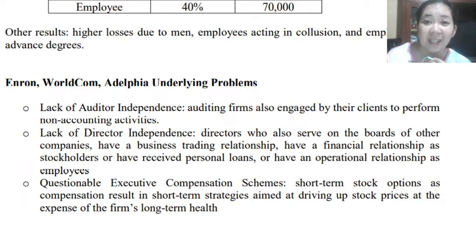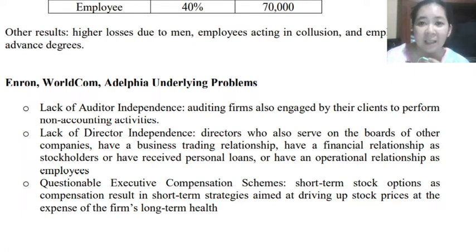Auditing firms were also engaged by their clients to perform non-accounting activities. So again, the auditors and accountants were engaged in non-accounting activities because of their lack of independence. They were influenced by their clients.